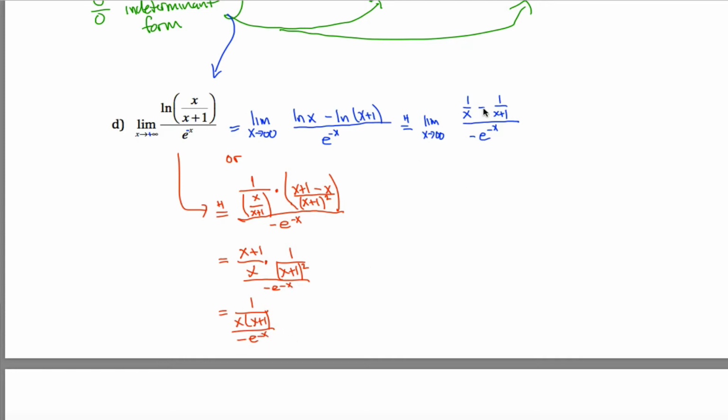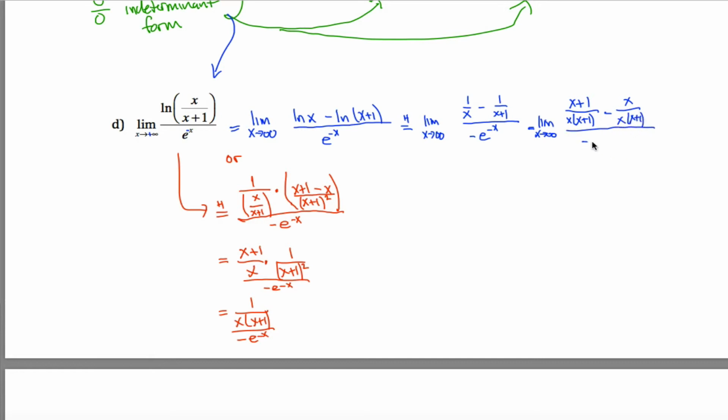However, what I wrote here in red is the exact same as what I have here in blue, because if you get a common denominator here, you would multiply this by x plus 1 over x plus 1 and this by x over x, so you would have x plus 1 over this common denominator minus x over this common denominator.